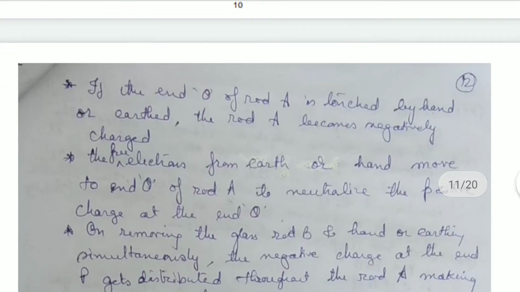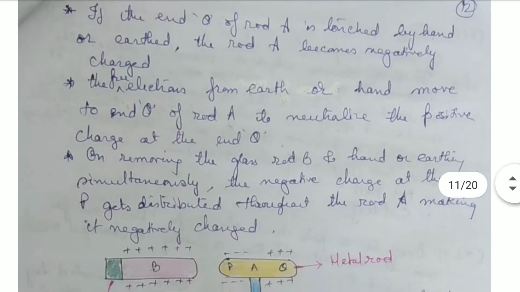Then if the end Q of the rod, which was positively charged, is touched by hand or it is earthed, the rod A becomes negatively charged, because the free electrons of the earth or of the hand will move towards the Q end and neutralize the positive charge at the Q end.